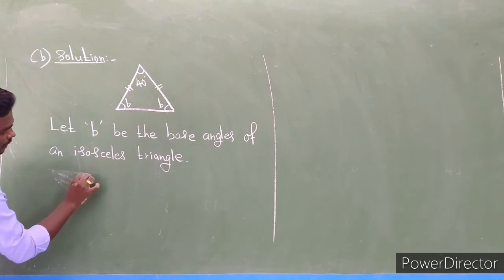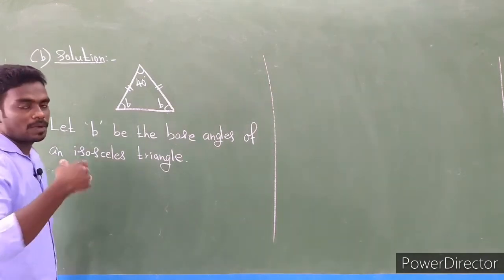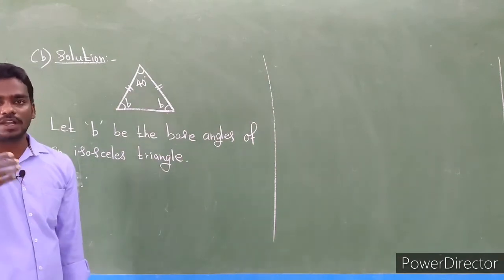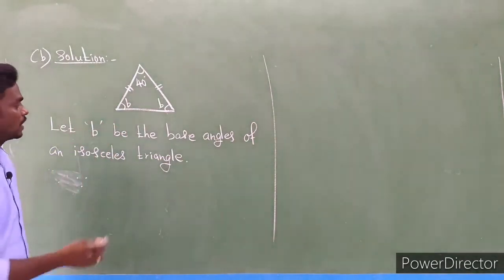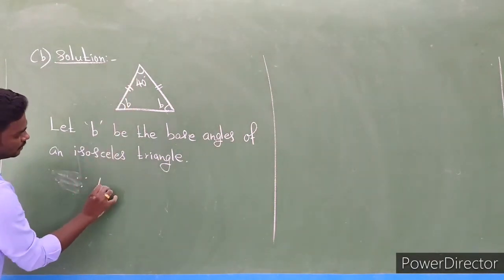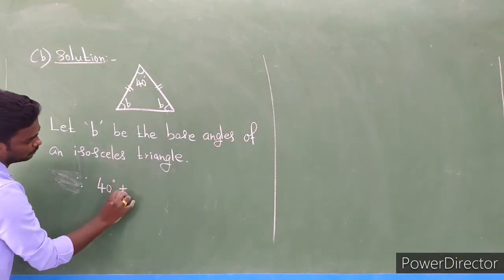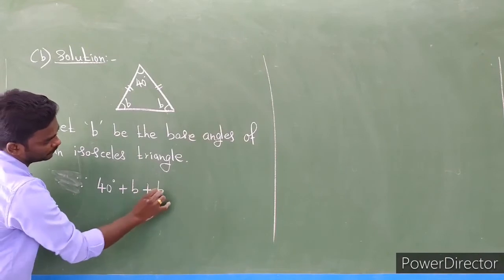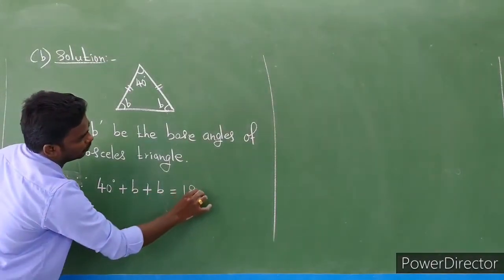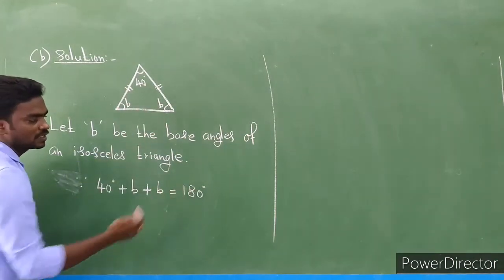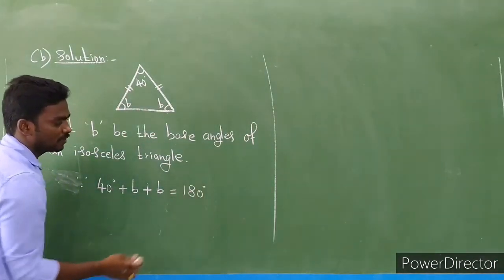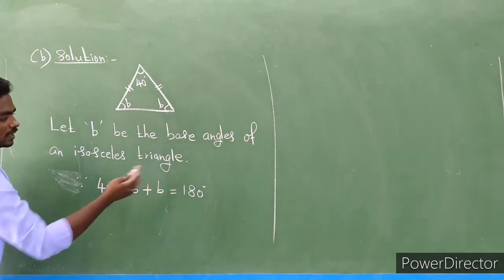Since we know our condition, the sum of the three angles of a triangle is 180 degrees. So we can add 40 degrees plus B plus B equal to 180 degrees. The sum of the three angles of a triangle is 180 degrees. So this is our angle sum property of a triangle.